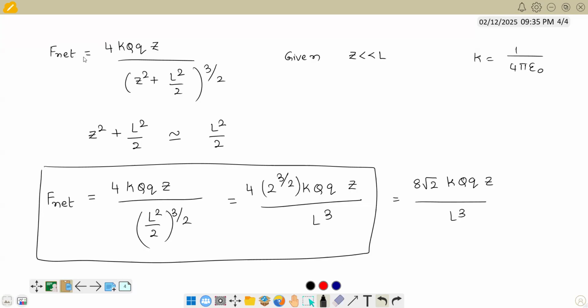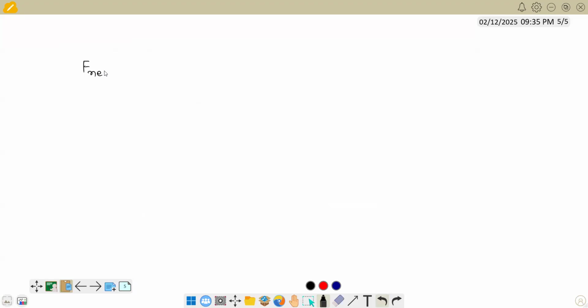So finally the net force, this is only valid for z much lesser than L. If z is much lesser than L, we got it as 8 root 2 kQq into z divided by L cube.